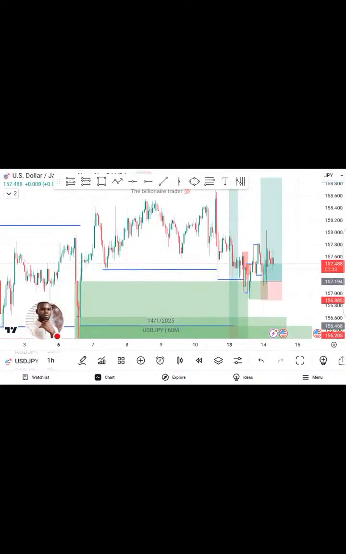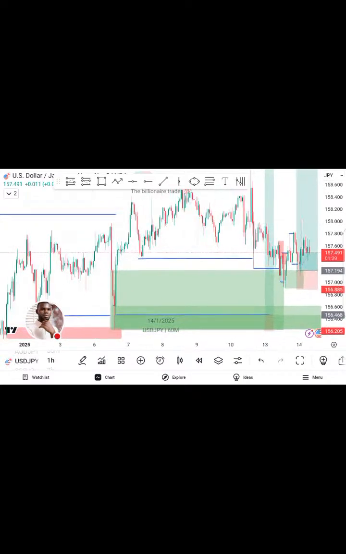So let's check the chart if we can actually spot something like that.